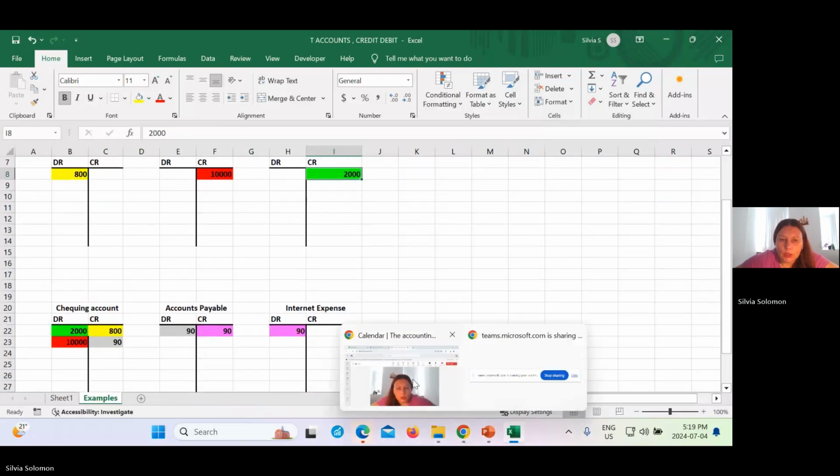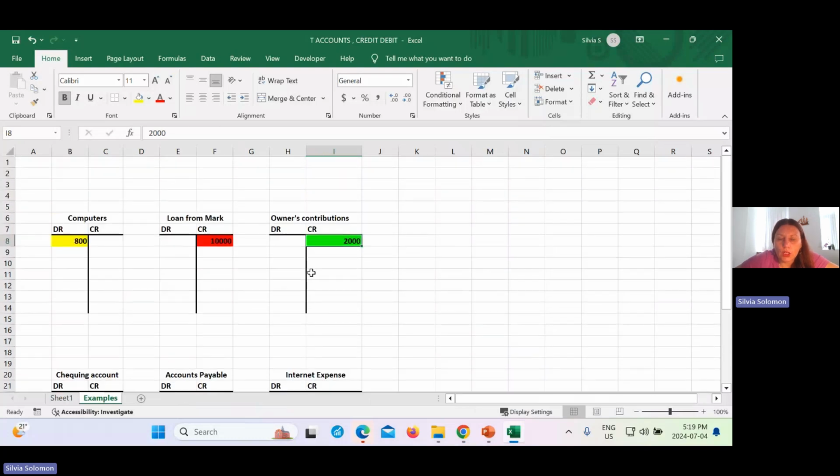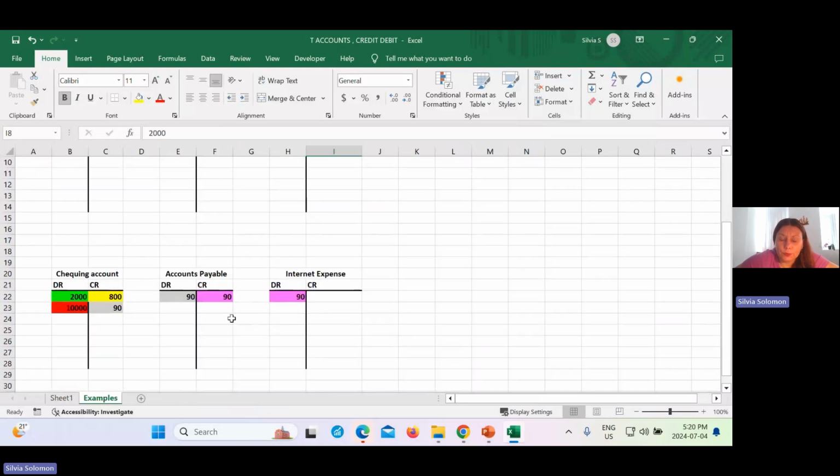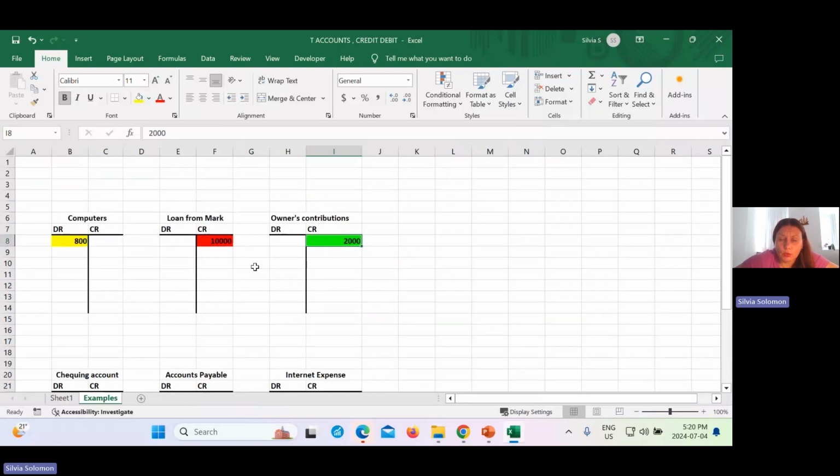So, guys, before we had accounting software, this is what accountants did. They did pages and pages of T accounts like this in order to take into account all the transactions of the company.